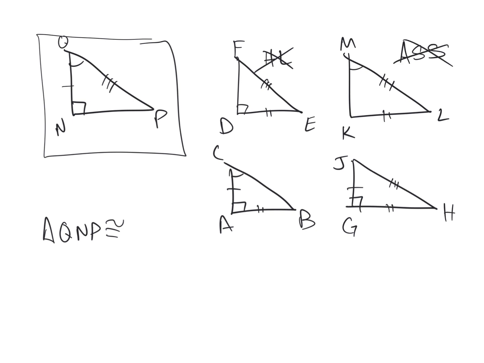It has to be hypotenuse leg. Since that's all that's in that picture, you can't use it. There's nothing else to say that they're congruent. Even if you had the same angle, side, and side in the main picture, remember, it has to be a right angle for angle, side, side to work, and you have to say hypotenuse leg. So right off the bat, those are the only possibilities, and you can't use that.